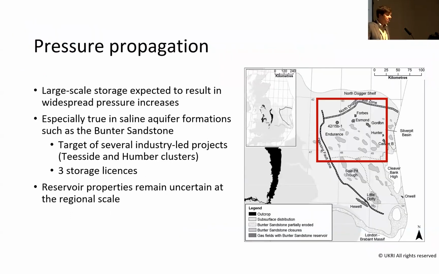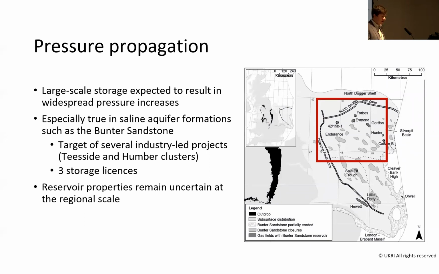So first of all, pressure propagation. We know that large-scale storage is expected to result in widespread pressure increases, which is especially true in saline aquifer formations such as the Bunter sandstone. The Bunter sandstone is very important strategically for the UK. It's a potential storage target for several industry-led projects, namely of relevance to the Teesside and Humber industrial clusters. And it's also of relevance to 3 of the current storage licenses in the southern North Sea.